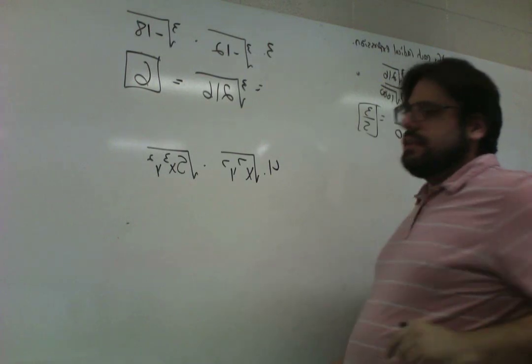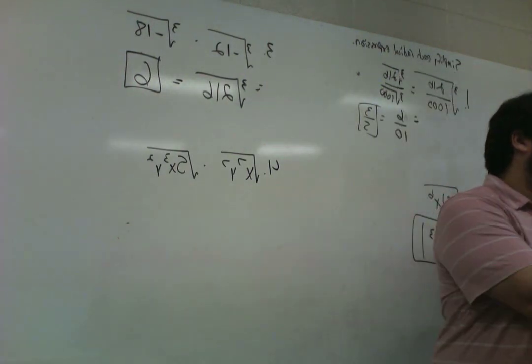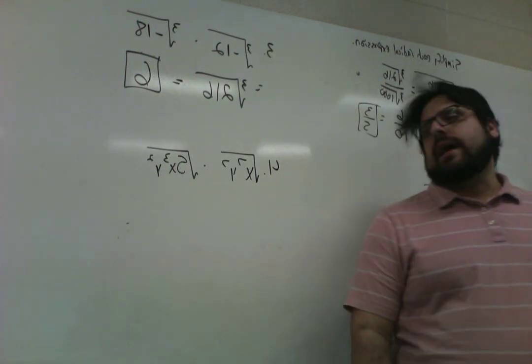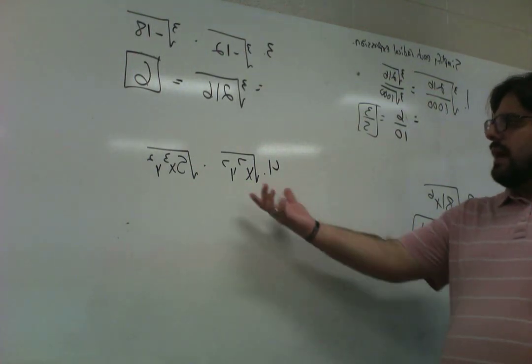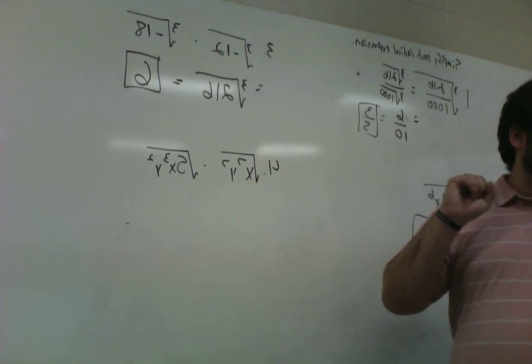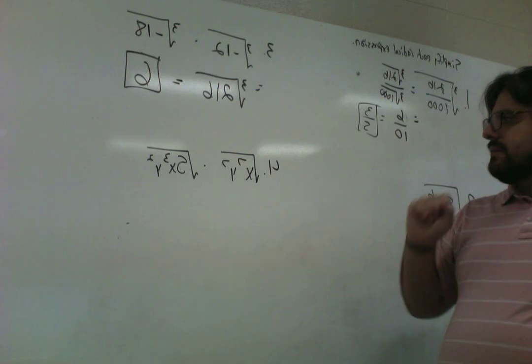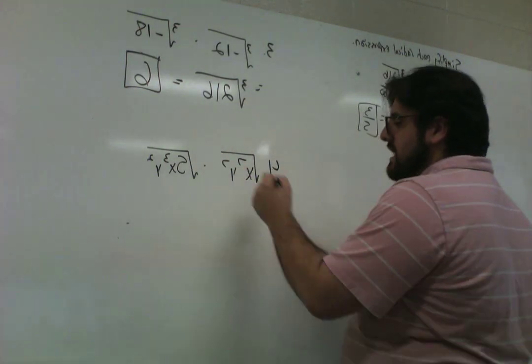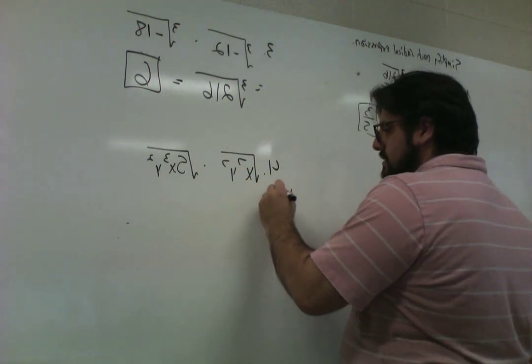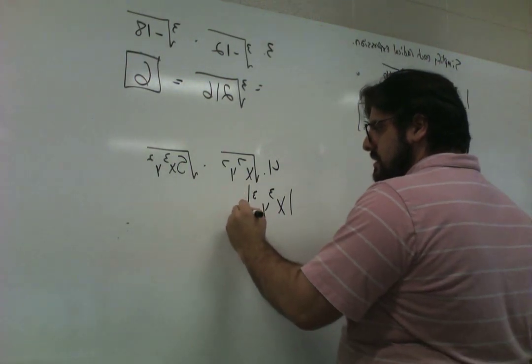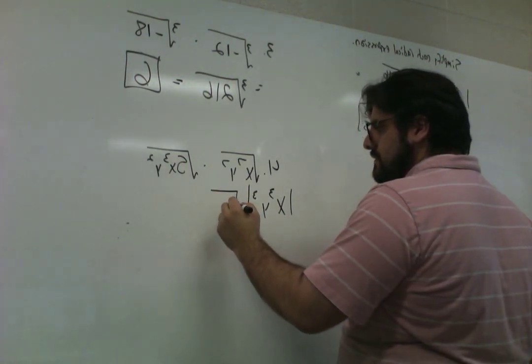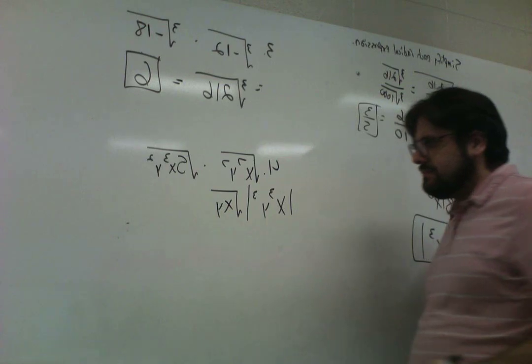Both of these 7s are odd, so it's not going to come out evenly. But I can still take out 6 of each of those. And again, this is an even index. Square root of xy.